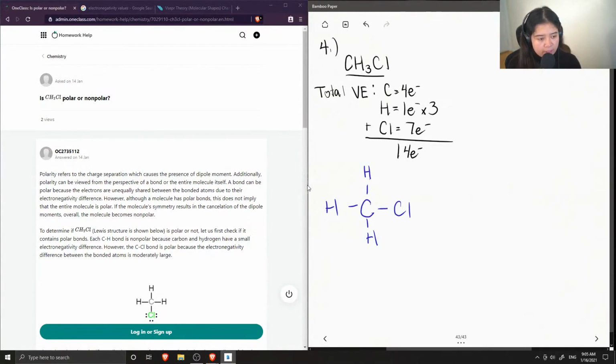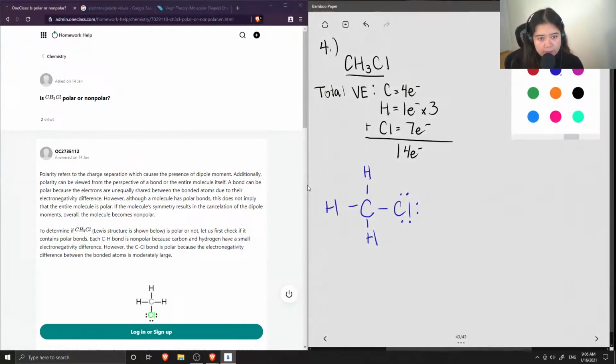So I just need 6 more electrons to fill up my 14 electron count. And the remaining 6 go on my chlorine atom as lone pairs. Okay, so now I have a valid Lewis structure for our molecule.